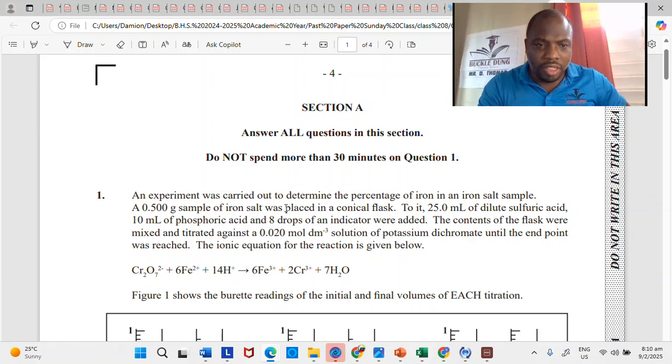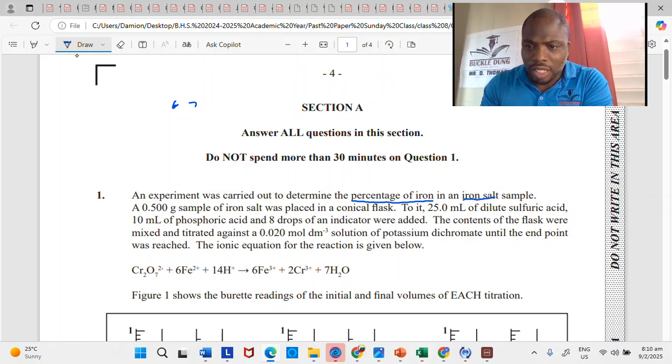All right, so it says an experiment was carried out to determine the percentage of iron. So just bear this in mind. We want to figure out the percentage of iron in an iron salt sample.